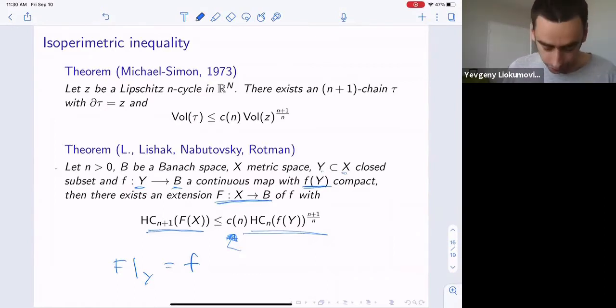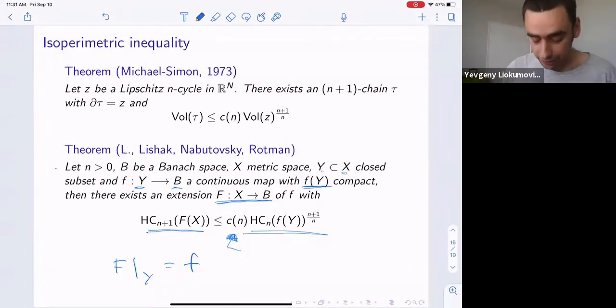There is an additional result, which also takes a big part of our paper, is that in addition to the isoperimetric inequality, you want to prove a filling radius inequality.